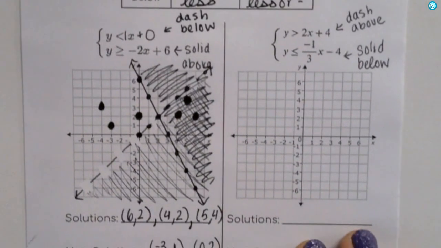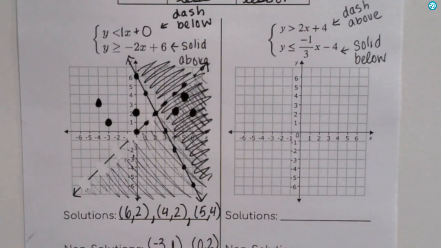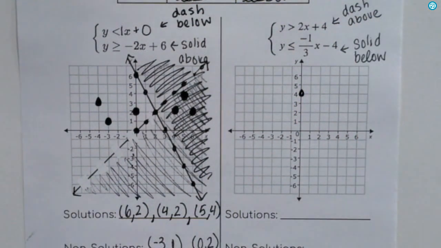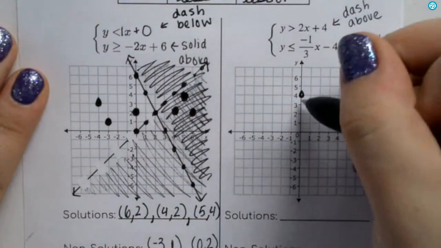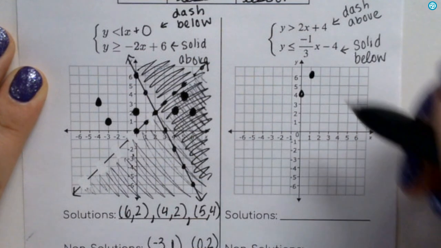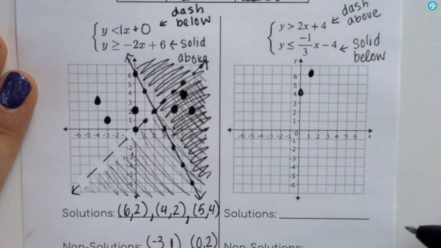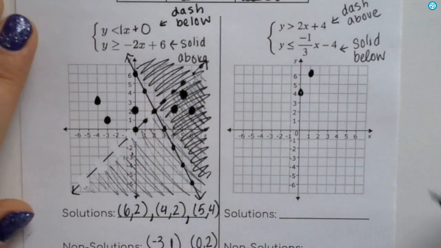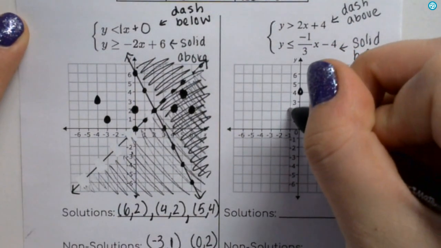All right. So for y greater than 2x plus 4, I'm going to start at 4. What is my slope in that equation? 2. So I go up 2, right 1. Since I can only do 1 point that way, I want to do a couple going another way too. So I can also go down 2, left 1 a couple times.